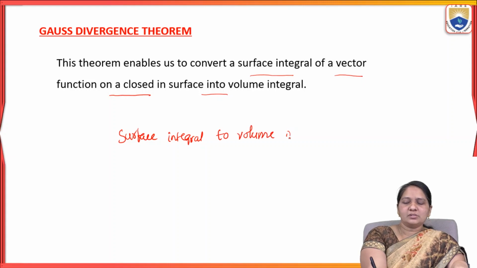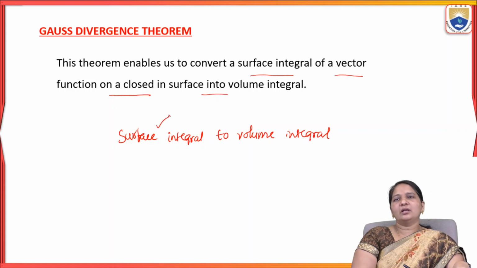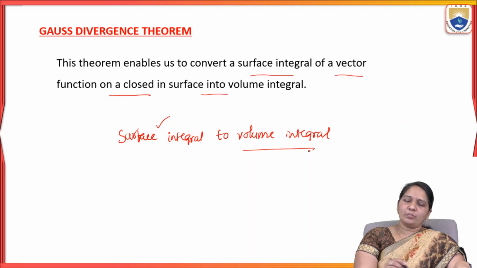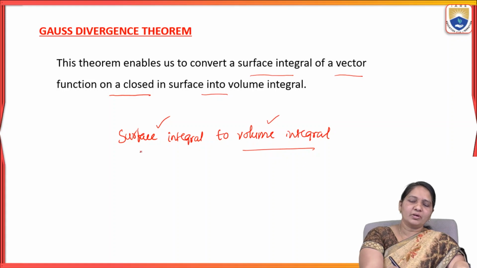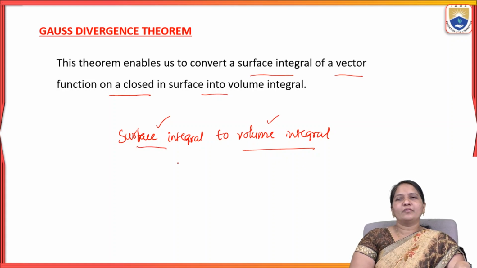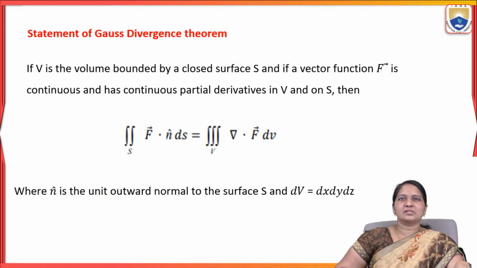That means if they give the problem as a surface integral, we can convert it and simplify it to solve easily by using the volume integral. For example, if the problem is in volume integral and it may be solvable simply by using the surface integral, we can use the surface integral formula also. How is it possible? We can see now by using the statement.